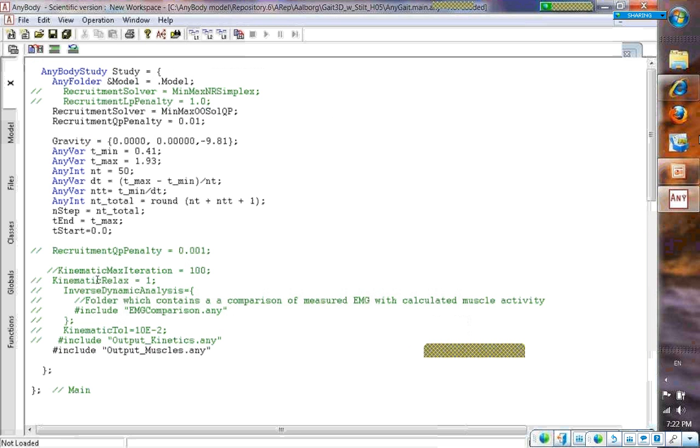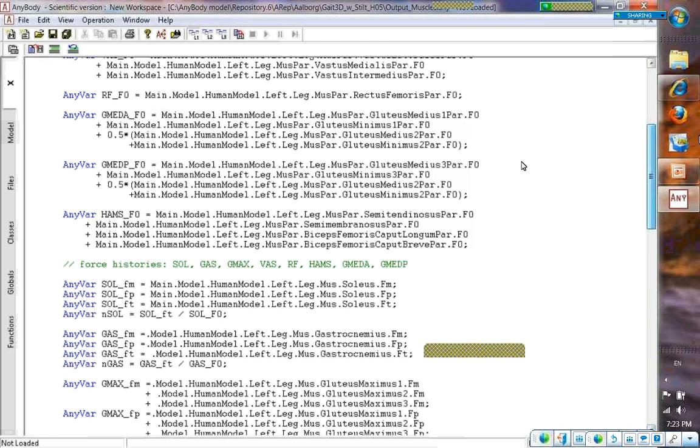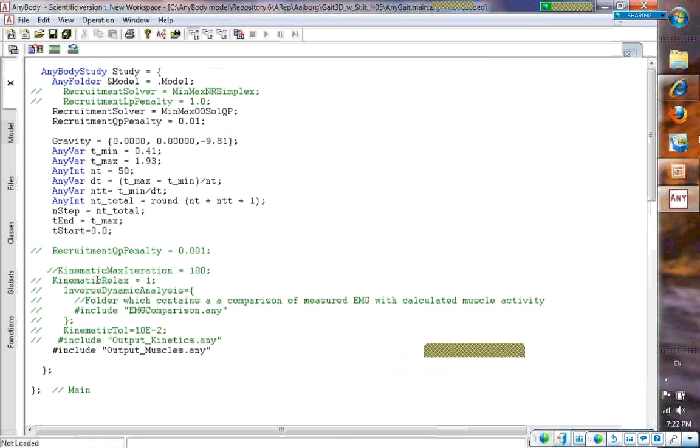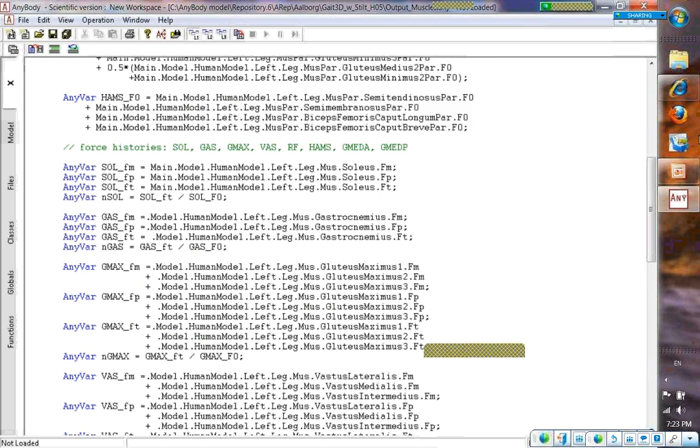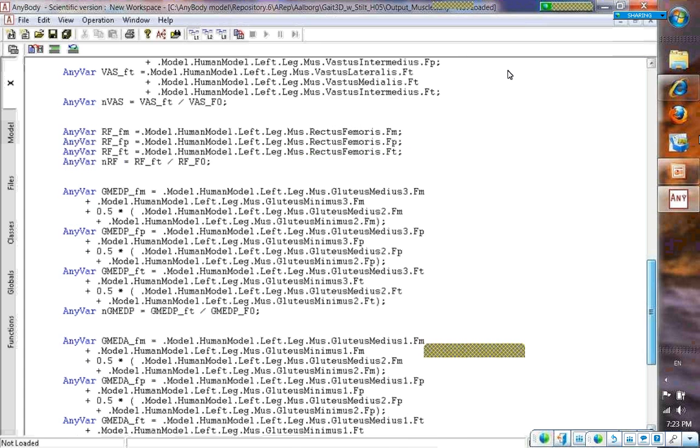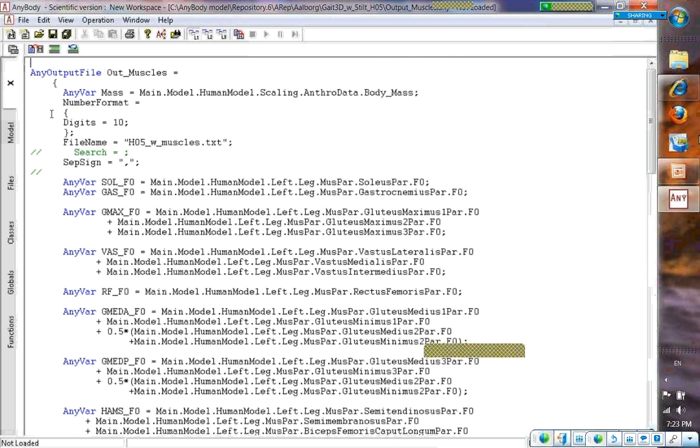Then we also calculate muscle force, the passive force, active force, all these are calculated. Then finally, I run the program, we give a file name, then run this program, and all the results are directly output to one single file.